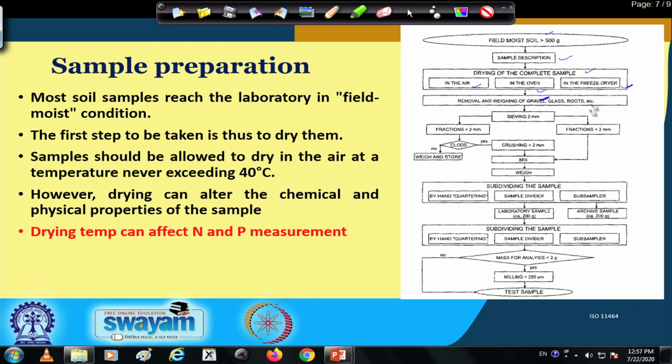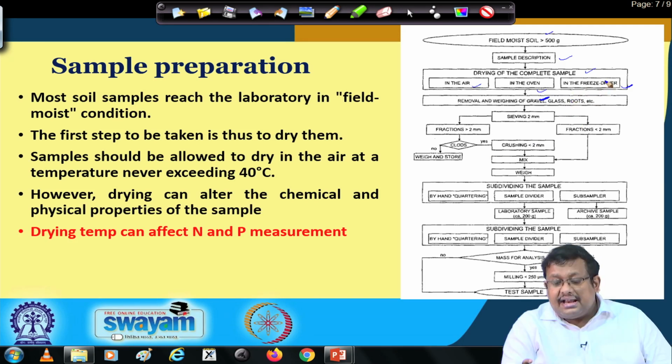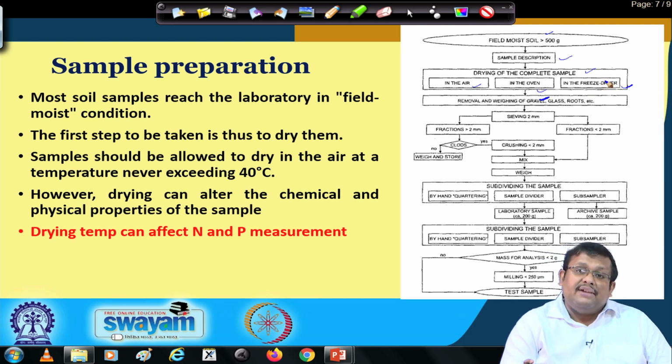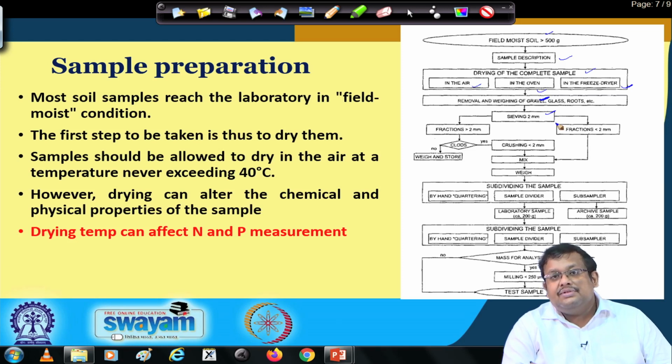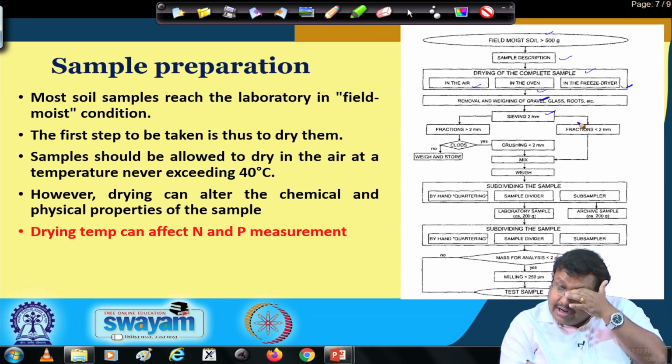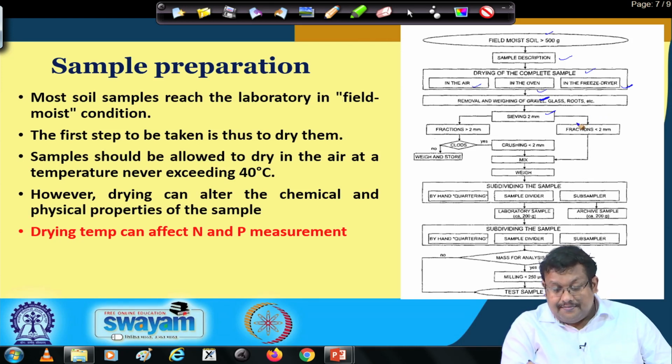Now, once you sieve out all the gravel, glass, roots and other artifacts from the soil, then the next step is to sieve the material, specifically soil. Now, you know the soil is generally considered as the material which has less than 2 millimeter particle size. So, sieving is generally done to ensure that the particle size is less than 2 millimeter.